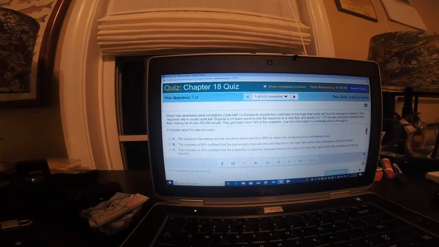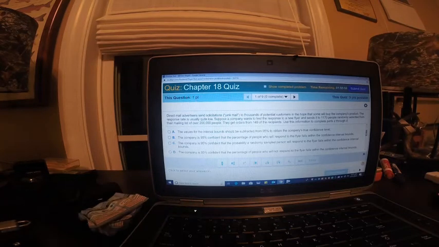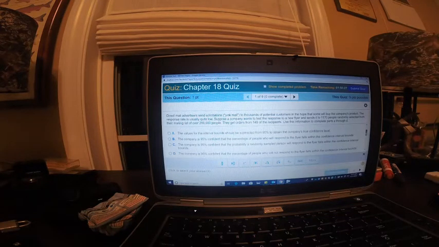B says explain what this interval means, and you've got several different choices. First one says the values for the interval bounds should be subtracted from 95% to obtain the company's true confidence interval. No. The company is 95% confident that the percentage of people who will respond to the flyer falls within the confidence bounds. The company is 95% confident that the probability a randomly sampled person will respond to the flyer falls within the confidence interval bounds.